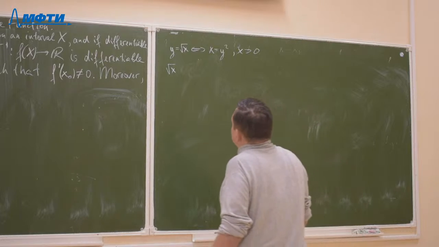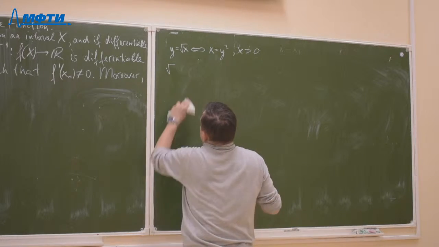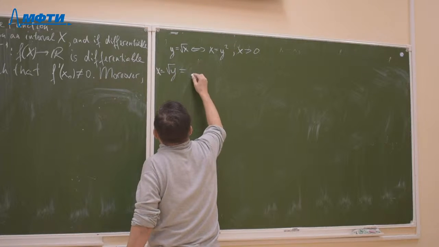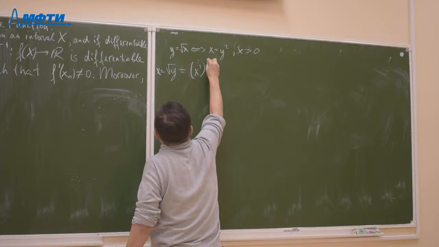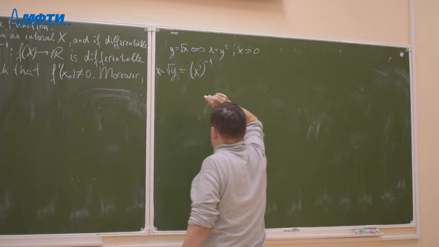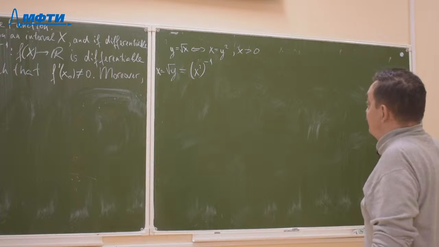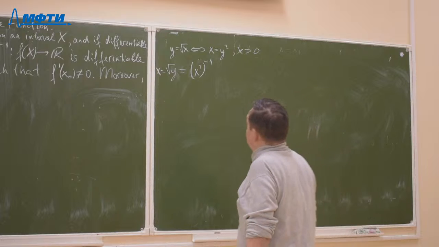Maybe I'll change letters now. So x equals square root of y, that is the inverse to the function y equals x squared.